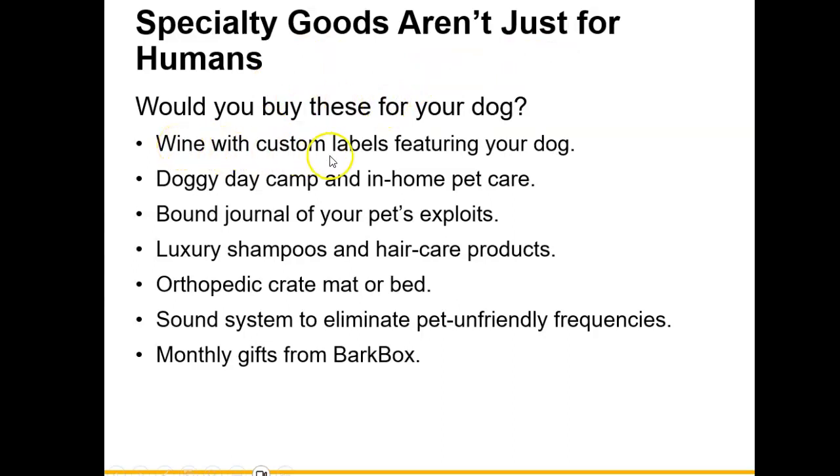A wine with custom labels, a doggy date count, a bond journal, luxury shampoos or hair products, an orthopedic crate, mat, or bed, a sound system, a monthly gift from BarkBox. So consumers spend a lot of money on items for their pets, such as their dogs. Okay?